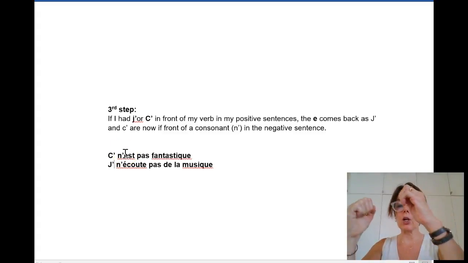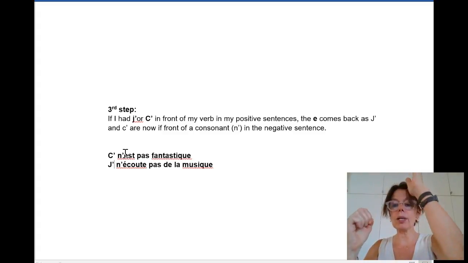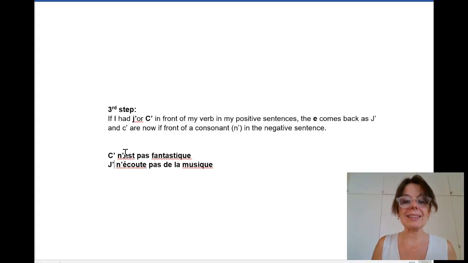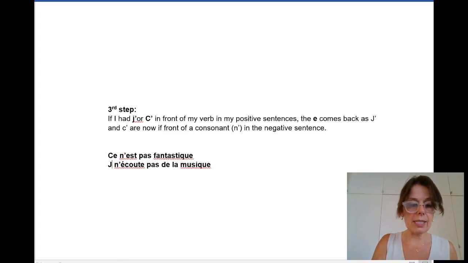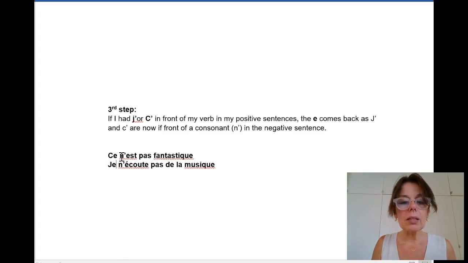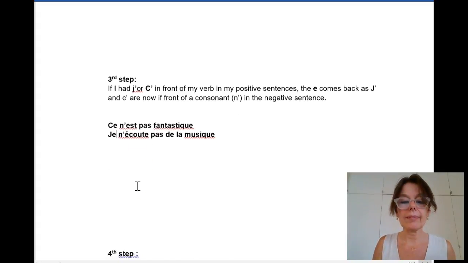Remember when we had two vowels, one went away and became an apostrophe. Now I don't need an apostrophe anymore because my E can come back. You can see now that C apostrophe is in front of the N, so the E can come back. Okay. Now, last step.